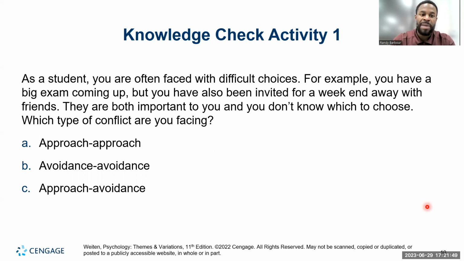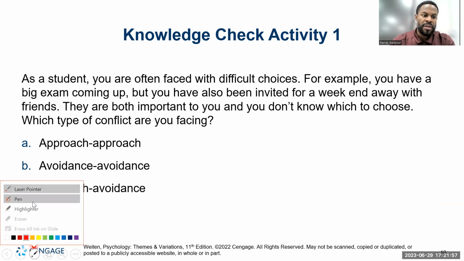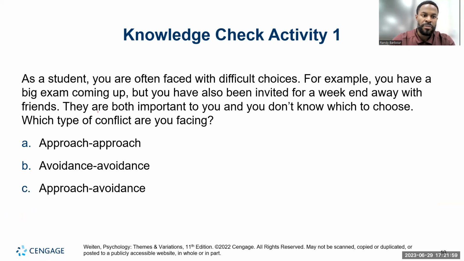Which type of conflict are you facing? One of the key words here is the idea of them both, since they both are important to you. If they're both important to you, then you have to make a decision, and with those key words, you should know which one to select.